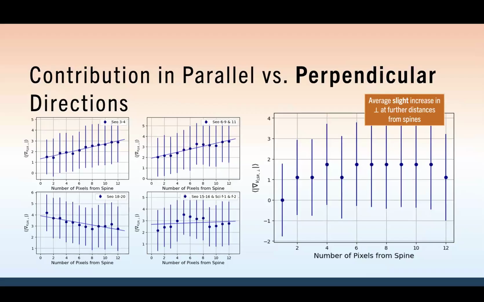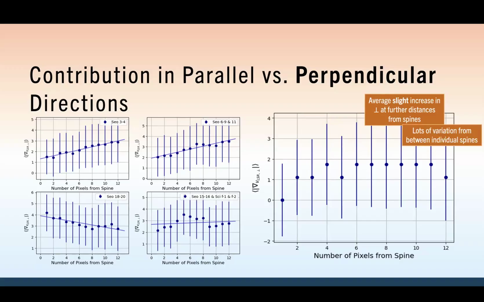Well, in the perpendicular direction, there's a slight increase in the perpendicular gradient on average across all of the filaments as we go to further distances from the filaments. But this is a very slight increase, and it definitely tapers off at further distances. I also go out to 12 pixels because that is 2 full beam sizes.